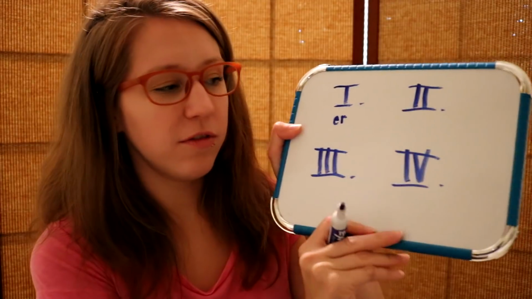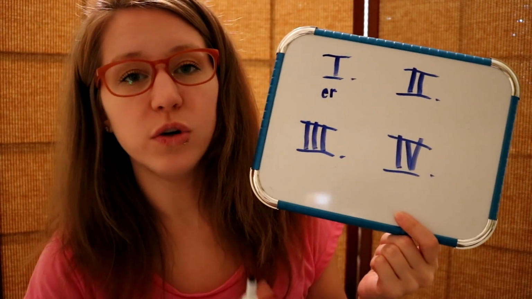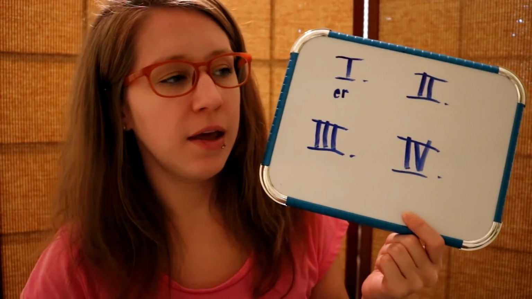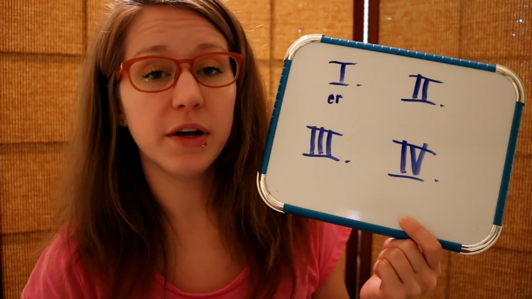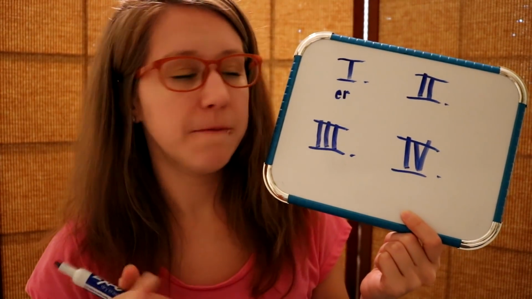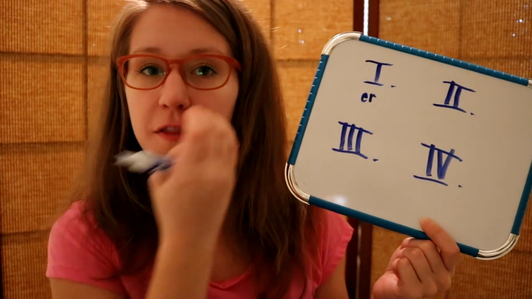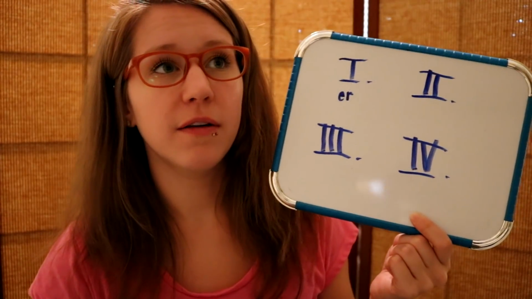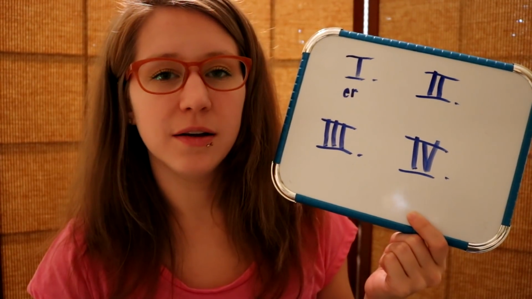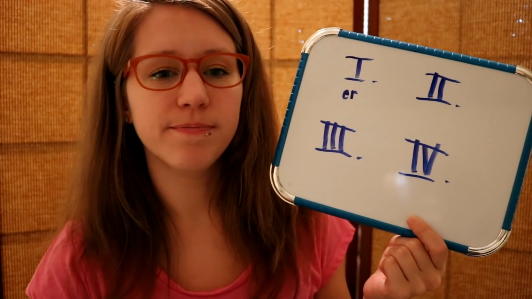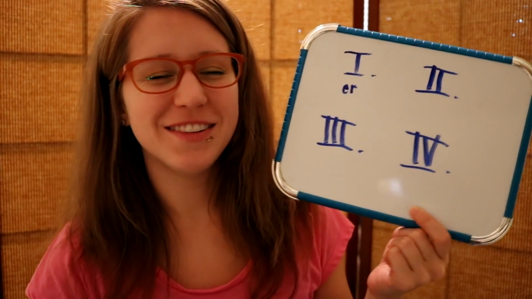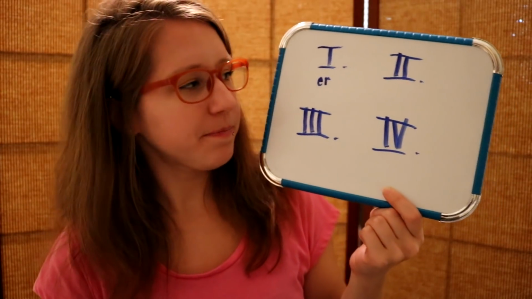And so like all of the regular ER verbs, all verbs which end in ER and are conjugated according to the same pattern are first order verbs. They're the easiest ones to learn, the easiest ones to spell. They have the least wonky restrictions or improvisations to them, I guess, if you want to think of it that way.